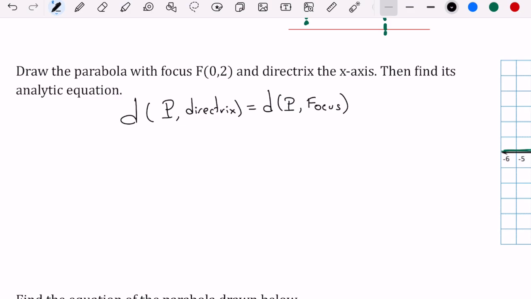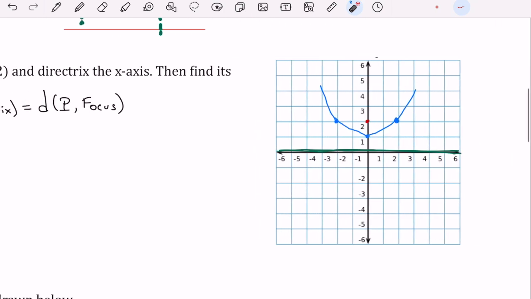For example, if I have this point here, the negative 3, 4, what is the distance from this point to the directrix? Well, it is just 4. What is the distance from the point negative 5, 4 to the directrix? Well, it is 4. What is the distance from this point, the 6, 6, to the directrix? Well, the distance to the directrix is 6.